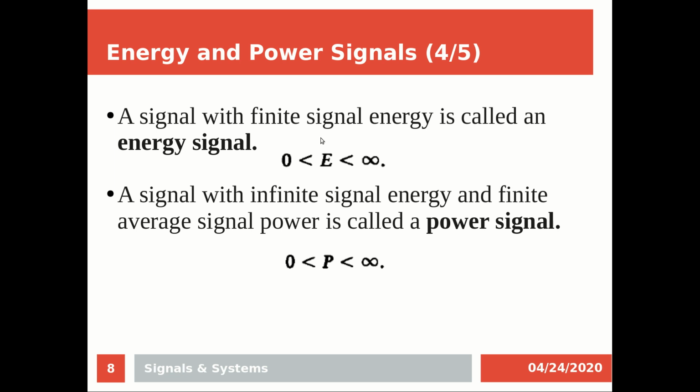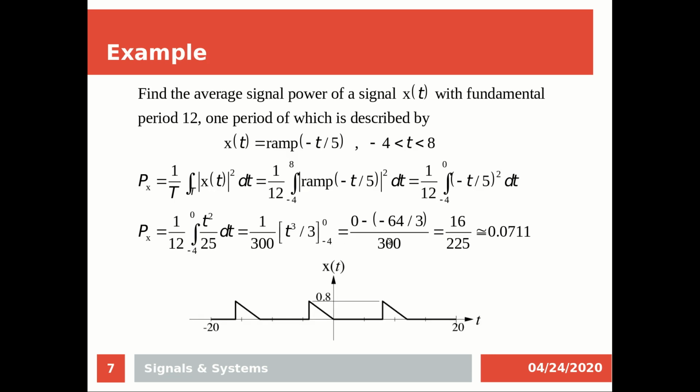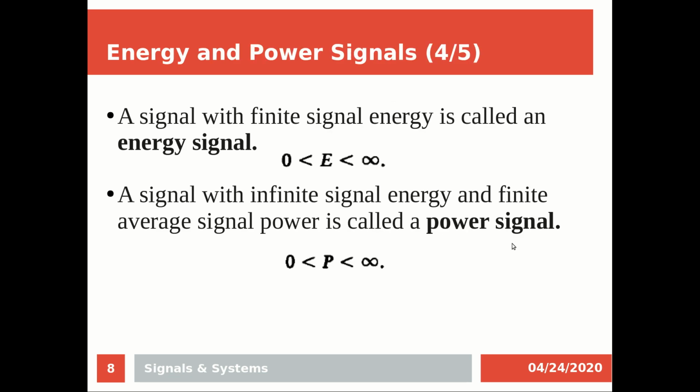So if you calculate the energy of the signal and find that it is infinity, and then you calculate the power of the signal, and you find that it is between 0 and infinity, that it has a limited value, like 0.0711, so it has a value of average power, then we call this signal a power signal. Okay, so this is just an explanation or a definition.